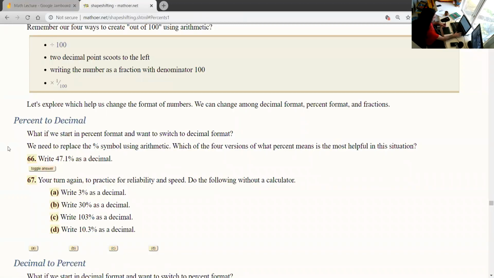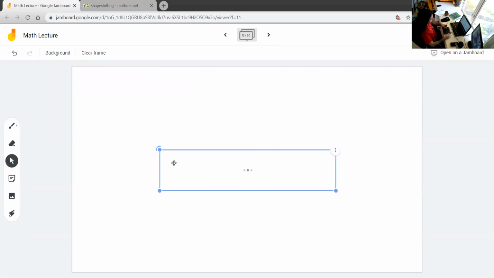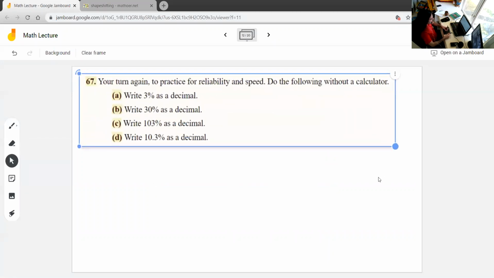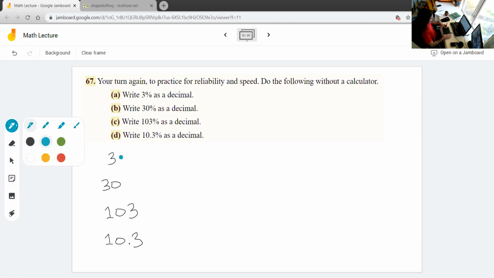So your turn. Make sure you understand, do all 4 of these. I will do them on the board in a moment, but take 3 and 30 and 103 and 10.3 and replace the percent symbol with something else to make them decimals.